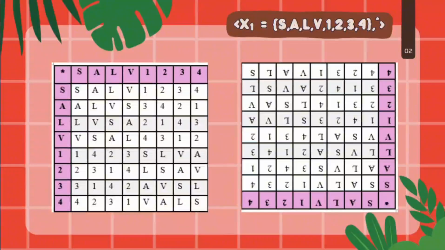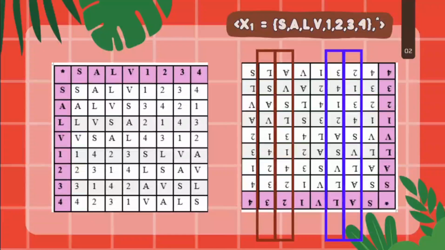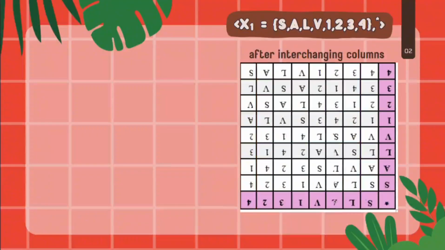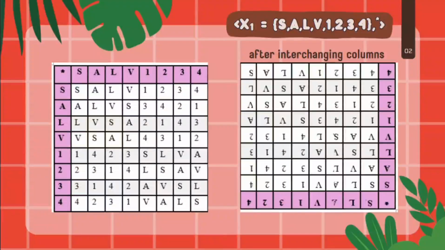As you can see, it is not yet associative. We need to interchange some columns first: the column A and L, and the column 3 and 2. And after interchanging some columns, they are now associative.